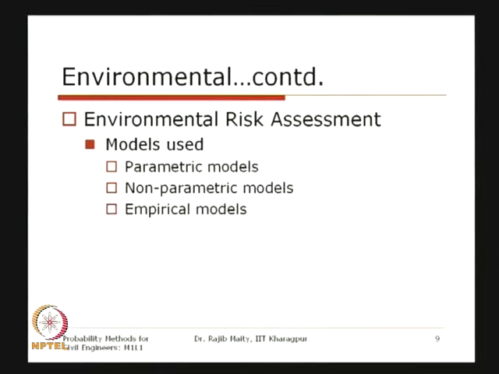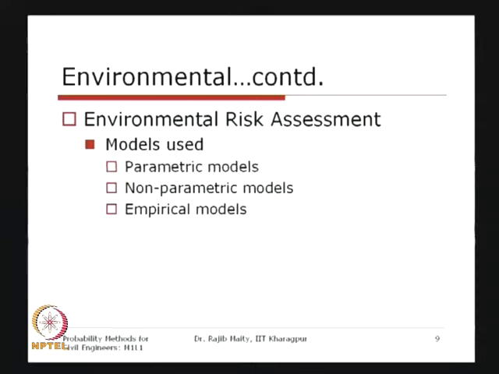Coming to that, there are different models that can be used. The first is the parametric models. Either it can be through the different probability distributions, where we estimate the different probabilities based on the data available to us. If it doesn't fit a particular distribution, we can go for different types of non-parametric models, where we generally don't use any particular distribution.